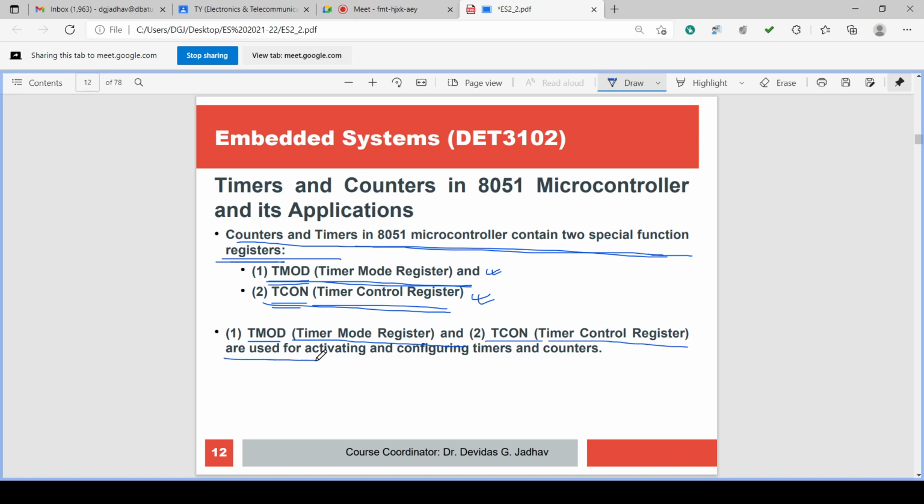These are used for activating and configuring timers and counters. To activate and configure the timer and counter, TMOD, the timer mode register, and TCON, the timer control register, are used.